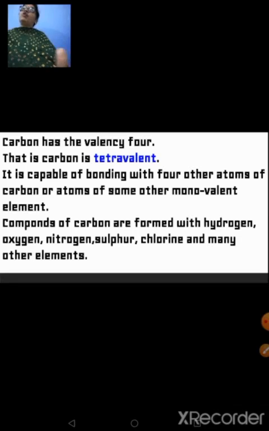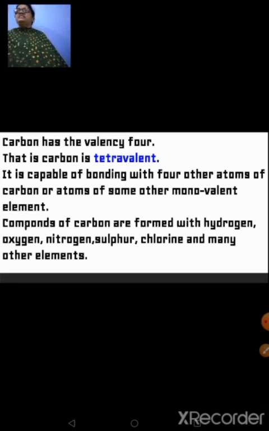In that case it can form long chains, so many compounds are formed with the help of carbon. This unique property is not seen to that extent in other elements. Other elements do form such chains, but the extent to which carbon forms them is much more when compared to other elements.